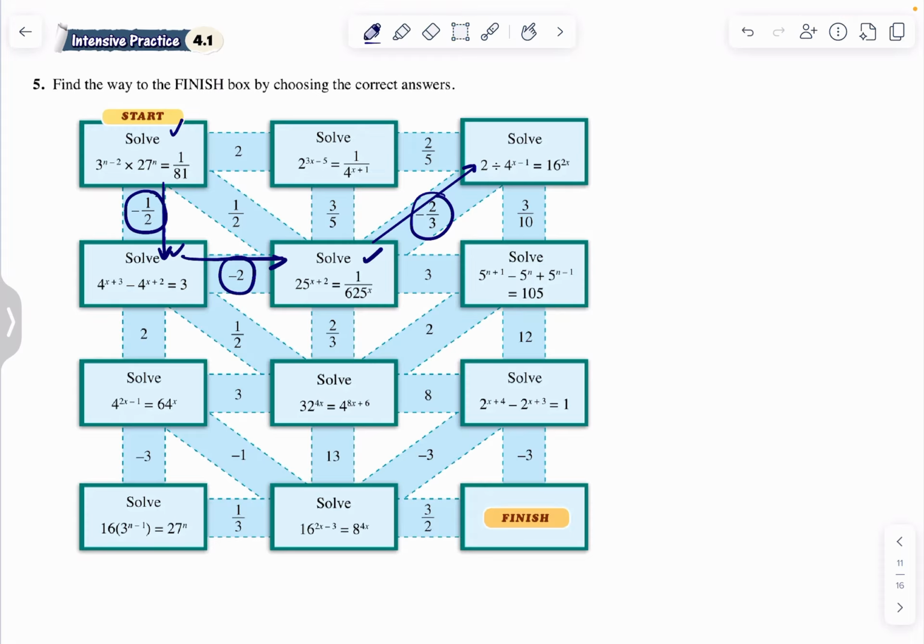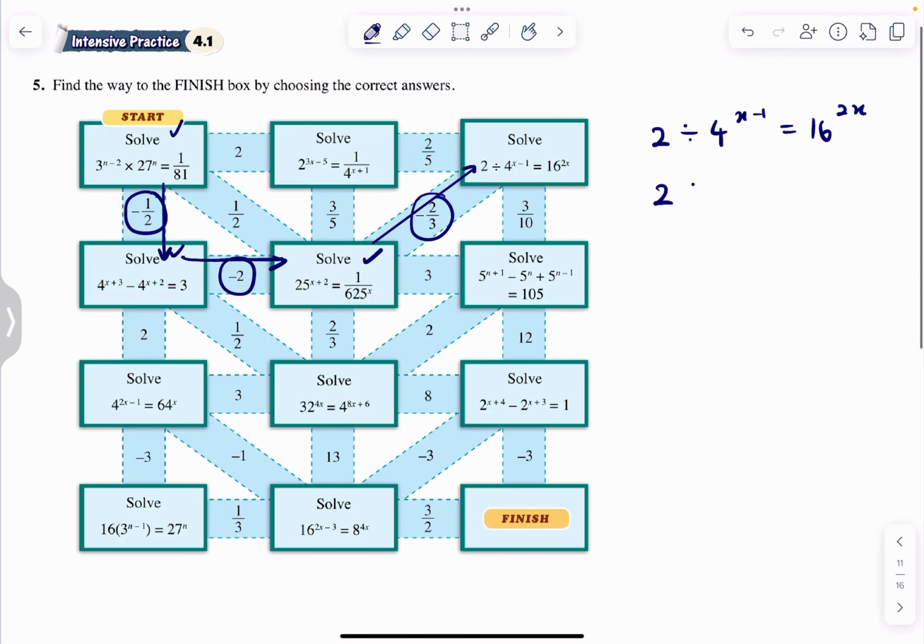Okay. So 2 divided by 4 power (x minus 1) is 16 power 2x. So 2, 4 and 16 we can bring it all to base 2. So 2 divided by 2 squared to the power x minus 1. 16 is 2 to the power of 4, to the power 2x.